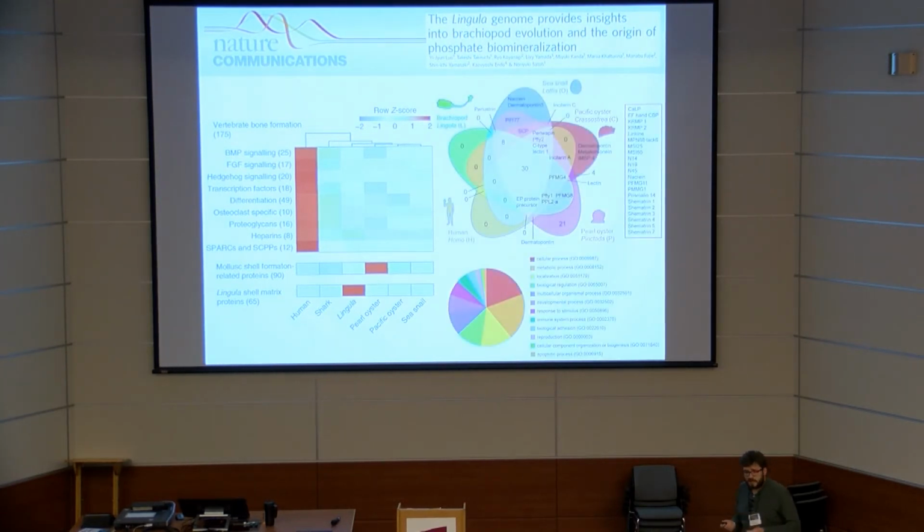However, if you look at which genes these mollusks are using to build their skeletons, many of them you can find in human and brachiopod genomes, but they have a diverse range of different functions in cellular and metabolic processes. So this suggests that this suite of 30 genes, for example, that are found in all of these genomes, were independently co-opted for a role in biomineralization in the mollusks.